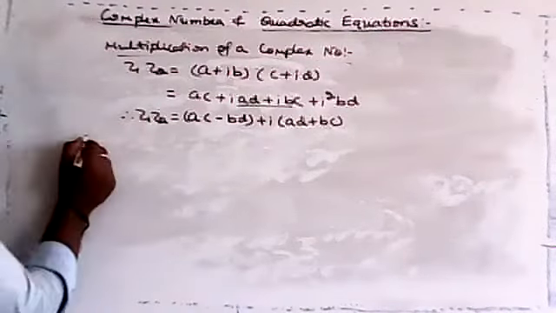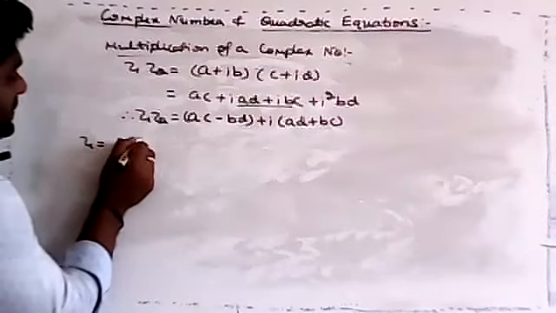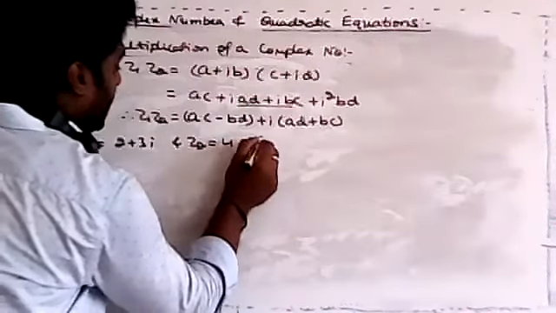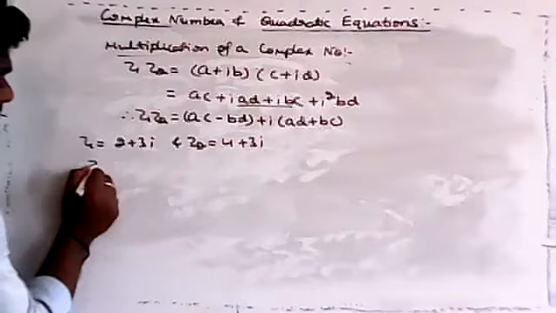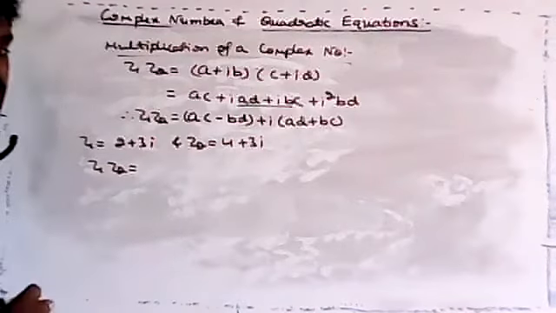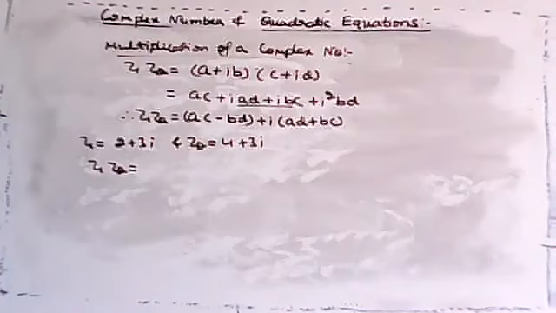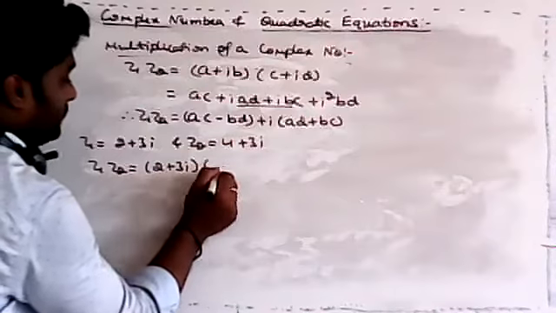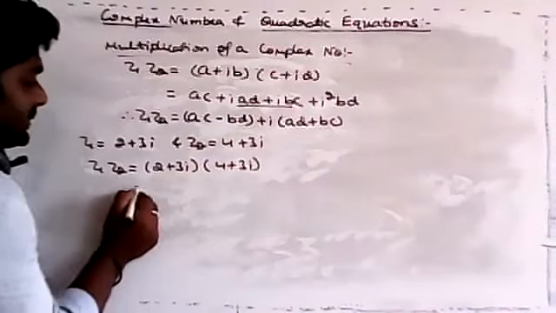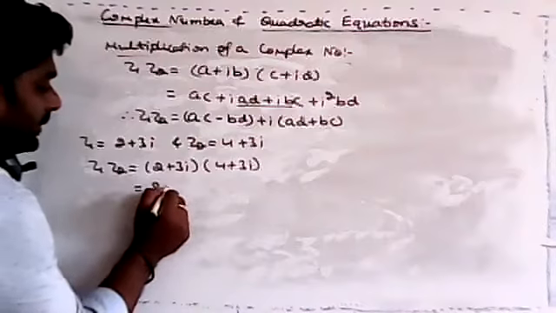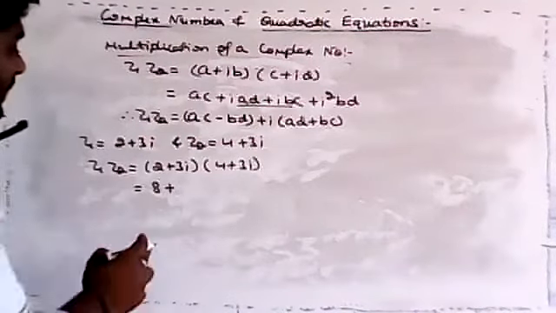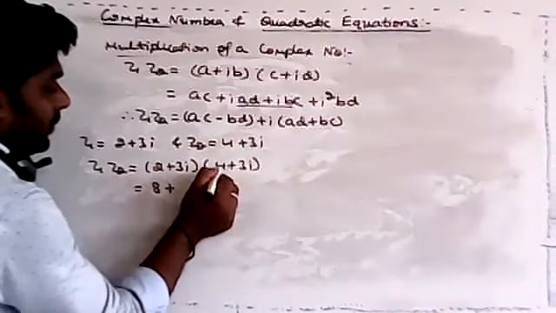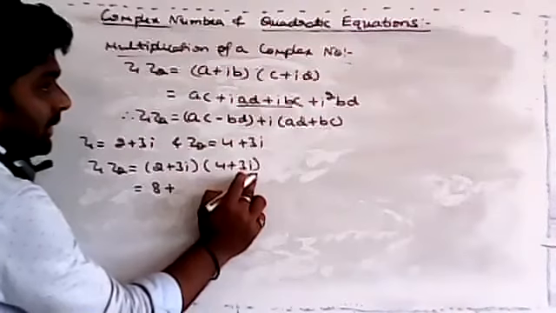Okay, for example, I'm taking z1 equal to 2 plus 3i, and z2 is equal to 4 plus 3i. So z1 into z2 we want. So what do we get as the answer here? z1 into z2 is 2 plus 3i into 4 plus 3i. 4 2s are 8, and 3i into 3i is what? 3 square i square.